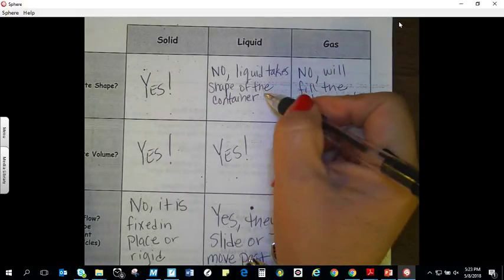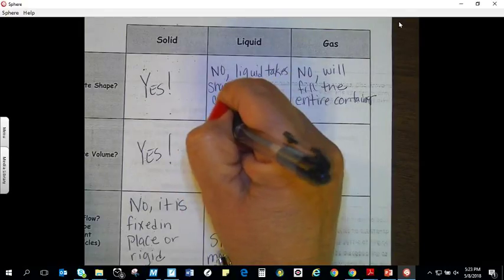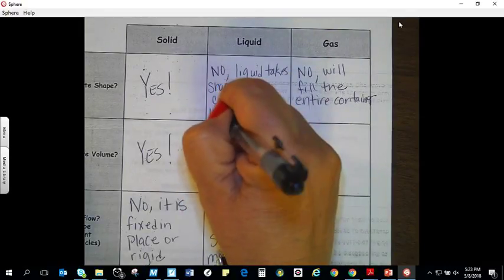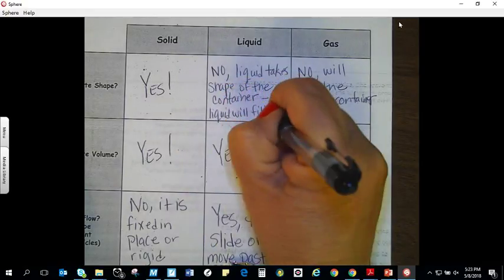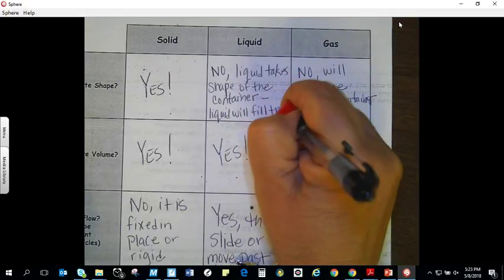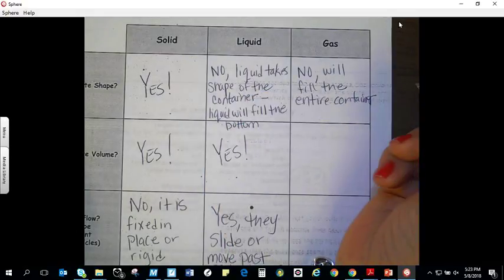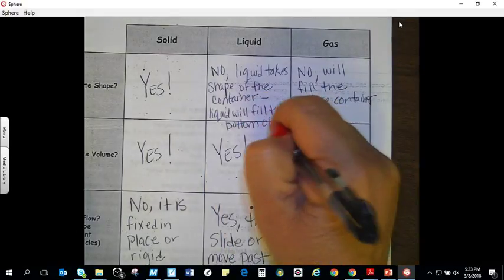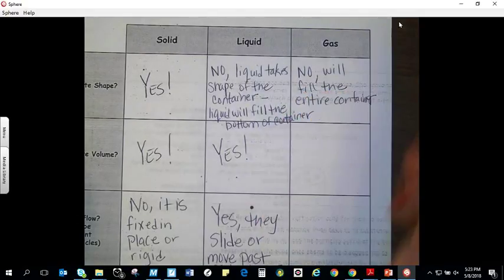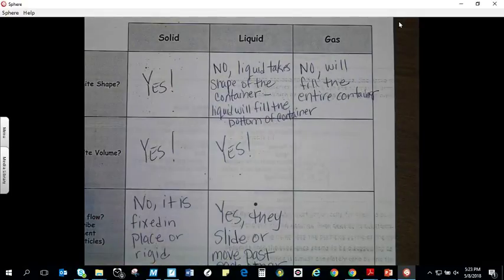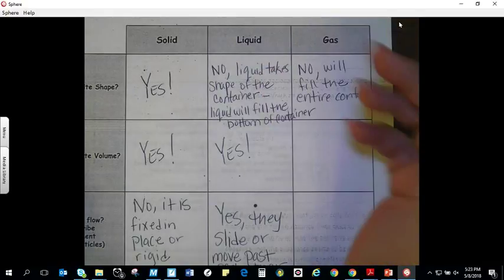And on here, I'm going to just put over here to this side that the liquid will fill the bottom of the container. Just when you're pouring it in, it fills that bottom and then takes the shape of it. Okay, so gas, no, it will fill the entire container.